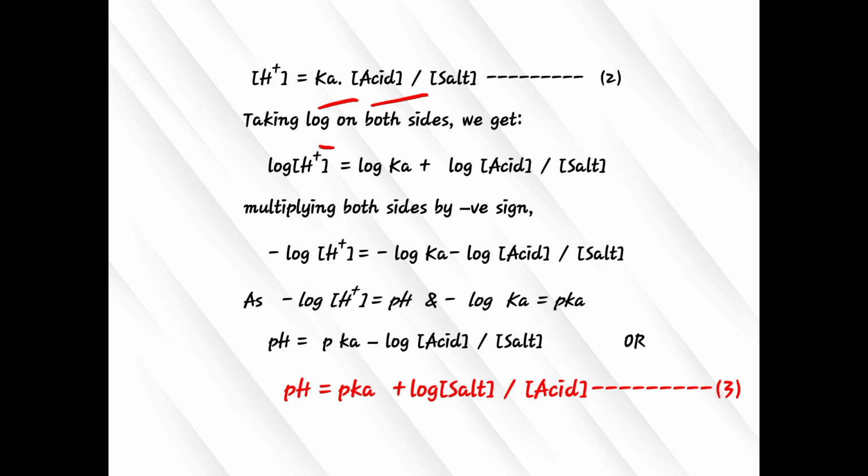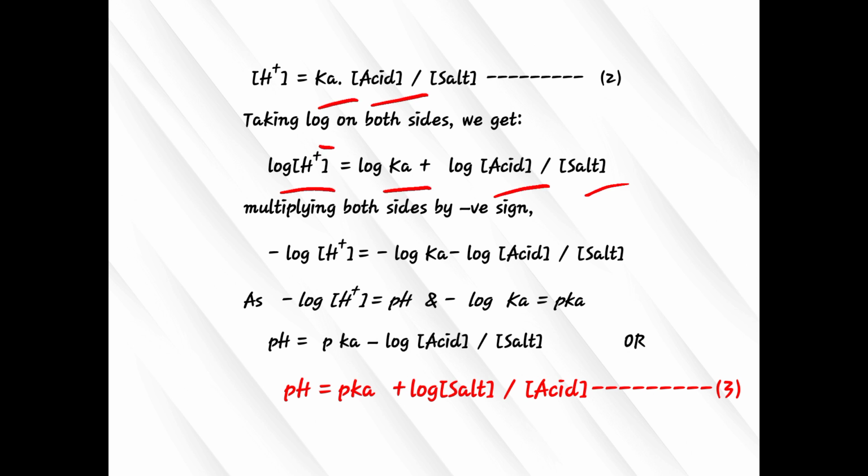we get the equation: log [H+] equals log Ka plus log of the concentration of acid divided by the concentration of salt.